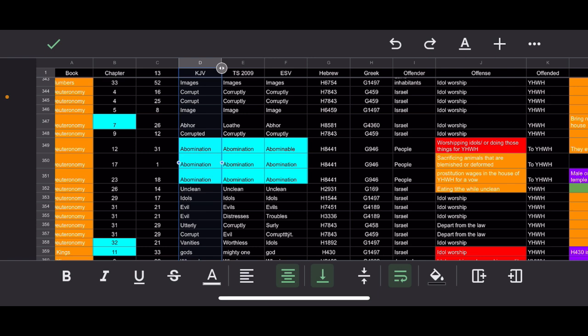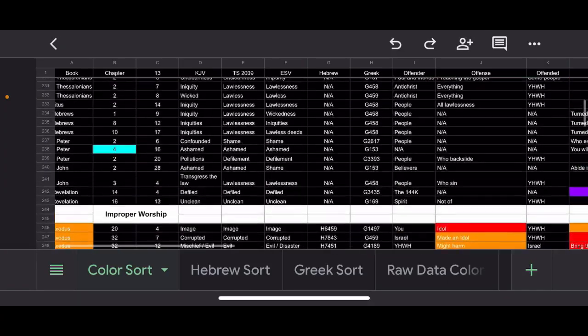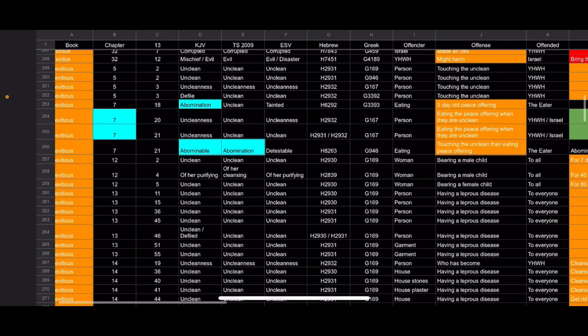And that's just for quick reference, especially when you're looking at the chart. It makes it like, oh, okay, here's some abominations here, but it's not an abomination in ESV, but it is in the Scriptures and in King James Version, so we know that that's squared away there.